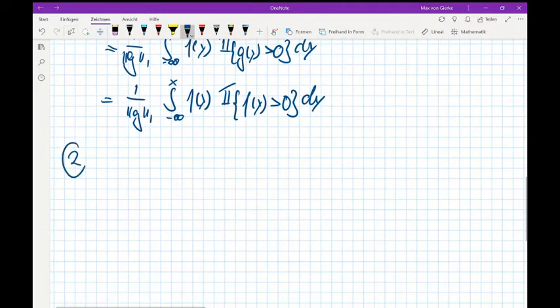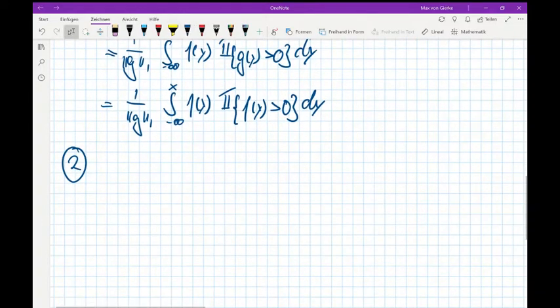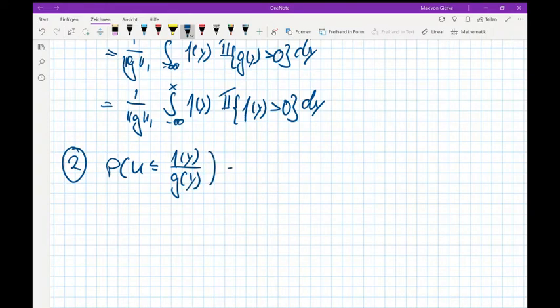So for part 2, we know that f(y) over g(y) is just this expression here, if x goes to infinity.